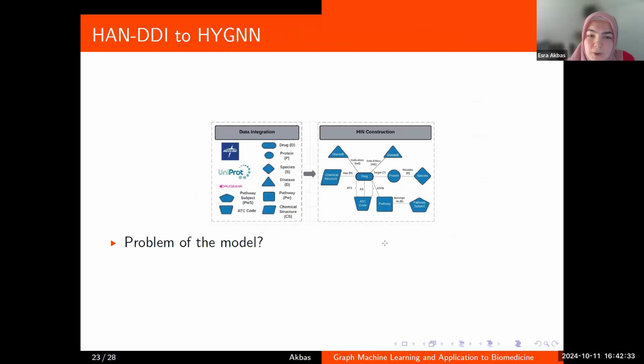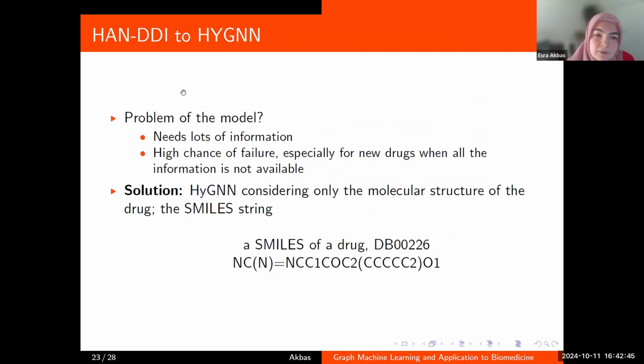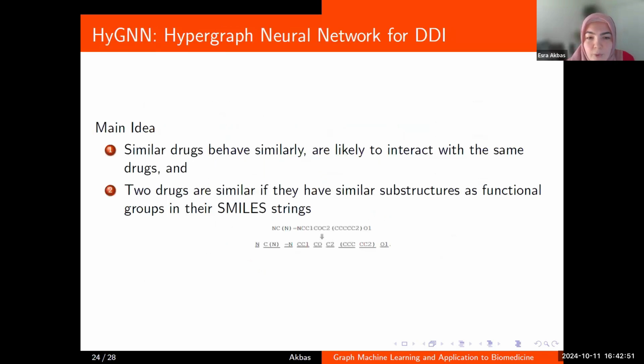The problem in this domain is, as I showed, that we need a lot of information, but for new drugs we don't have all of this available. So in another project, we just use the molecular structure. If drugs share similar substructures as molecules, then the drugs will be similar.